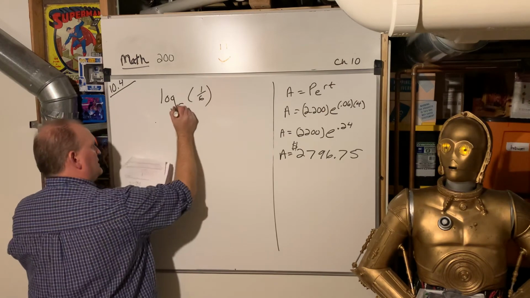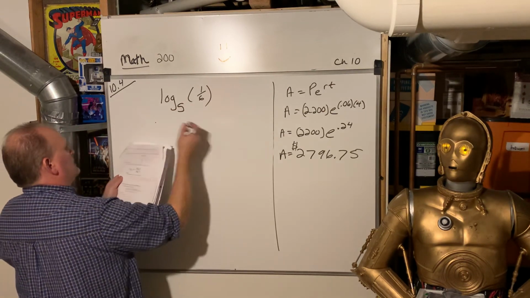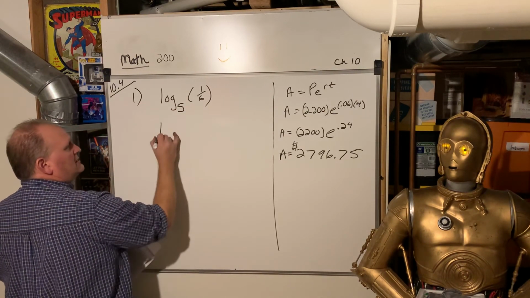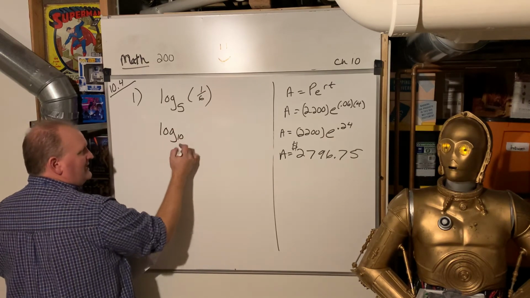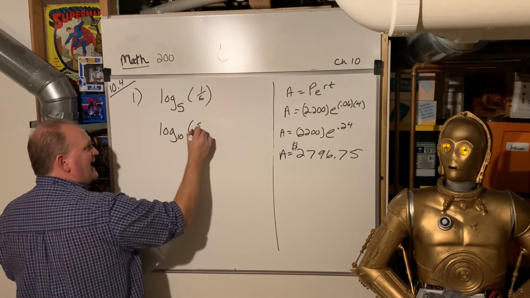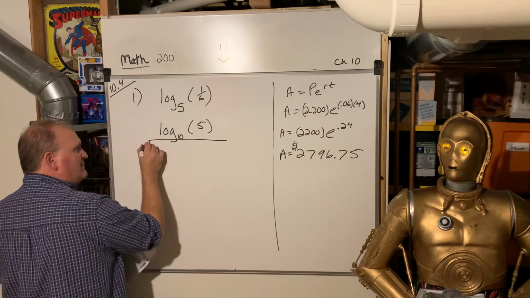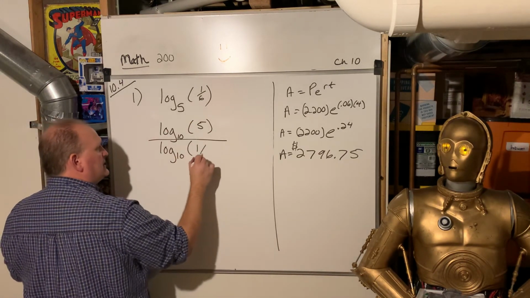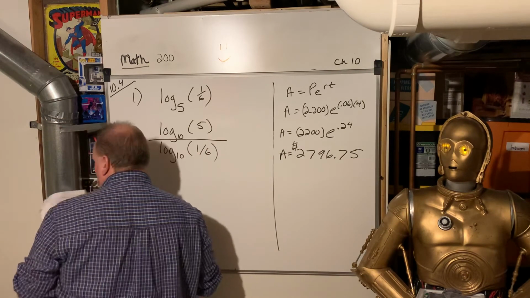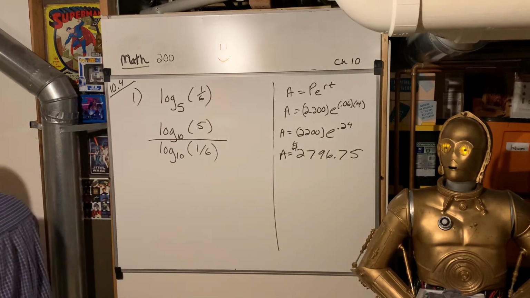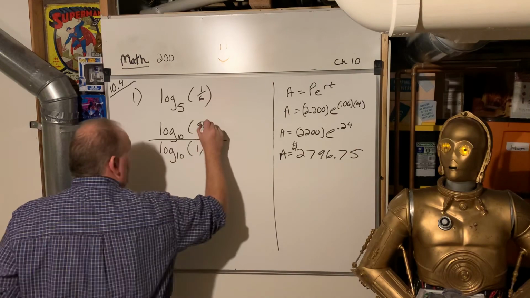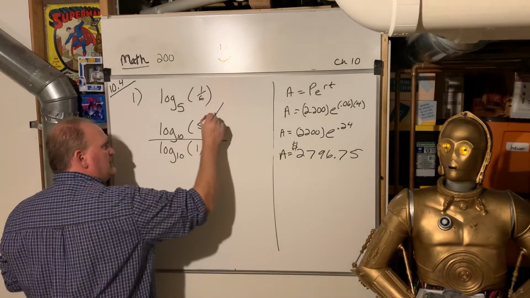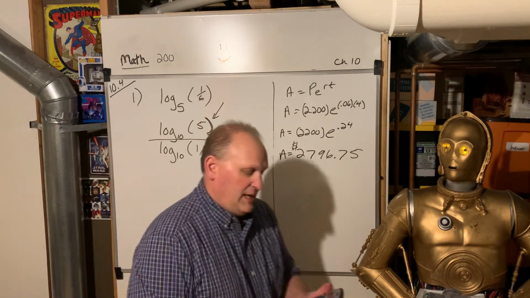You got to write down the correct problem, to the 1/6. Okay, so look, this is log base 10, that's the LOG, of 5 divided by log base 10 of 1/6. And so when you type that into your calculator, you have to remember this end parenthesis. That's the number one mistake I've seen students make on this.